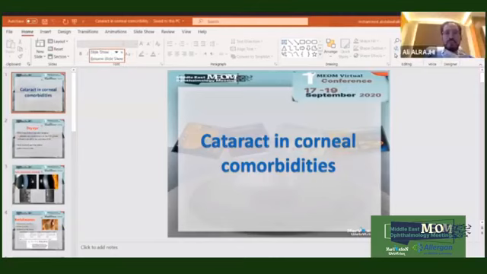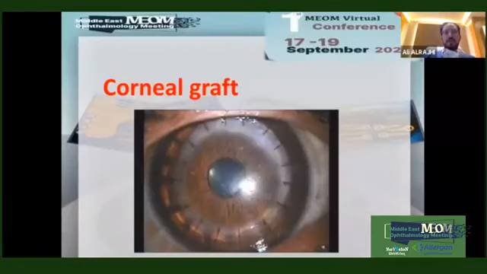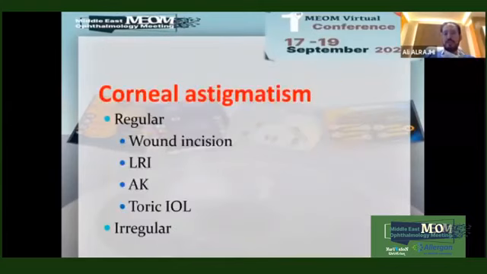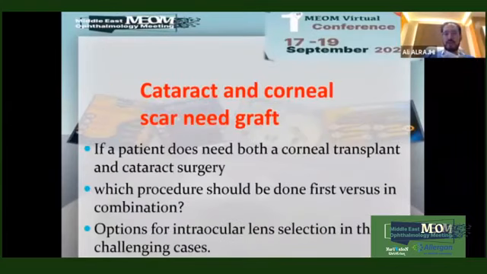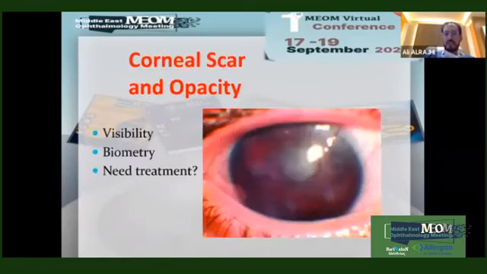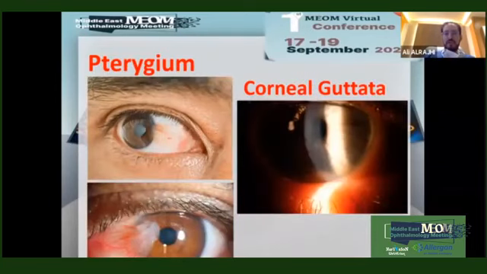For pterygium, it depends. If it is small, I mean 1-2 millimeters, and doesn't affect the vision, and I do topography and there is no change, I usually leave it and do just the cataract surgery. If it is causing astigmatism, or cosmetically is not acceptable, like the case that you are showing here, we are having two now.